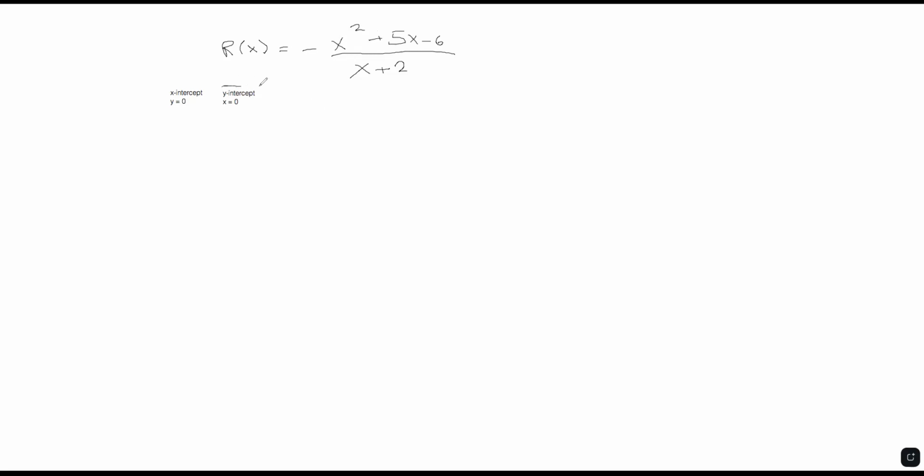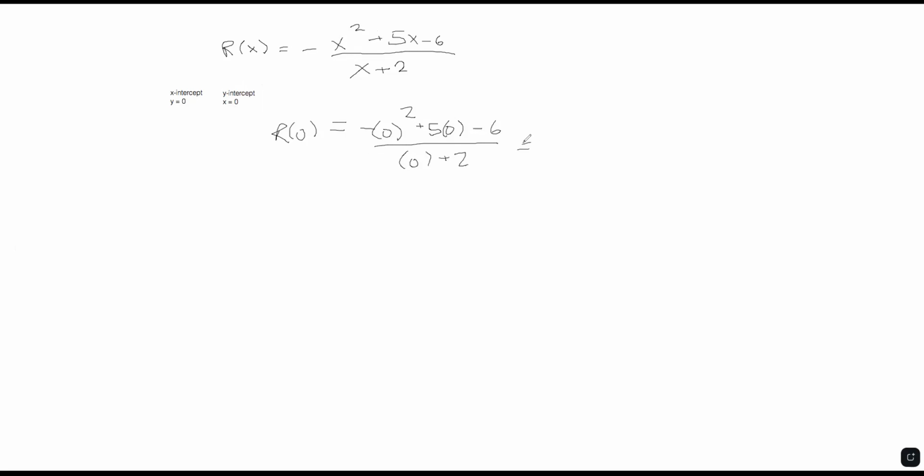So the y-intercept is the place where x is equal to 0. So let's take our function and plug in 0 for x. So r of 0, we have negative 0 squared plus 5 times 0 minus 6, and then all of that is divided by 0 plus 2.